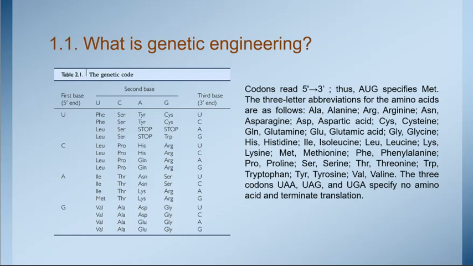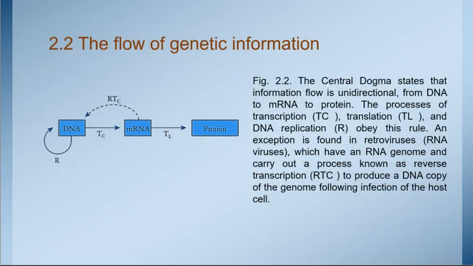The three codons UAA, UAG, and UGA specify no amino acid and terminate translation. The flow of genetic information is unidirectional from DNA to protein, with messenger RNA, or mRNA, as an intermediate.